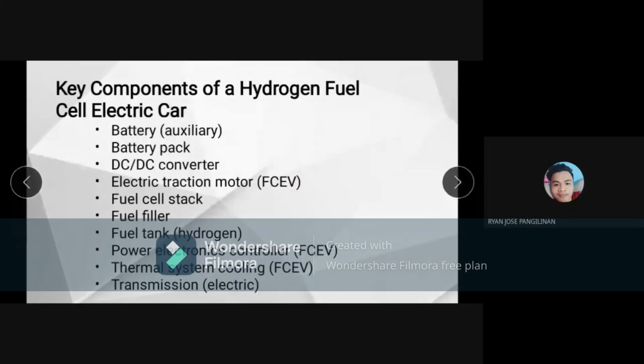The second is the battery pack. This stores the energy generated from regenerative braking and provides supplemental power to the electric traction motor.